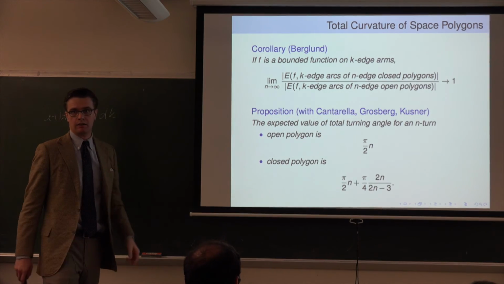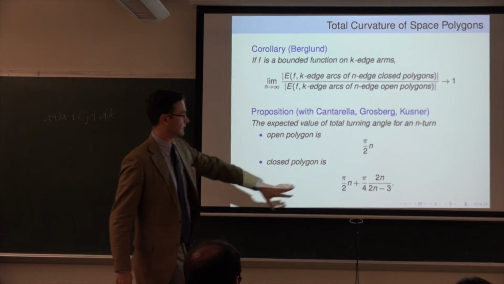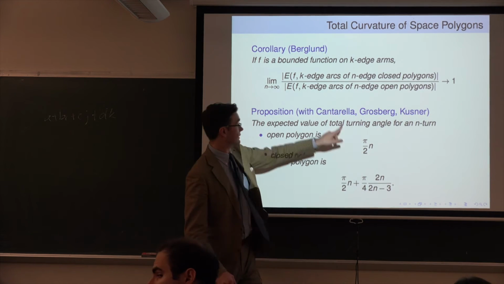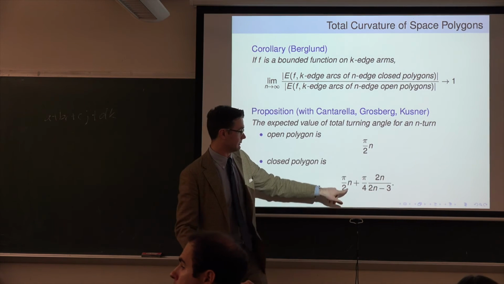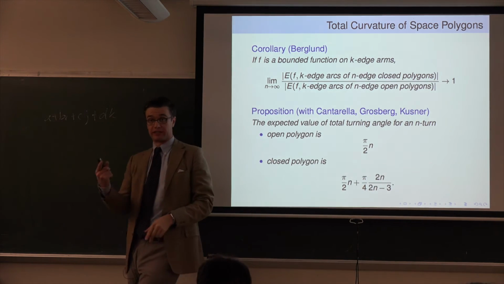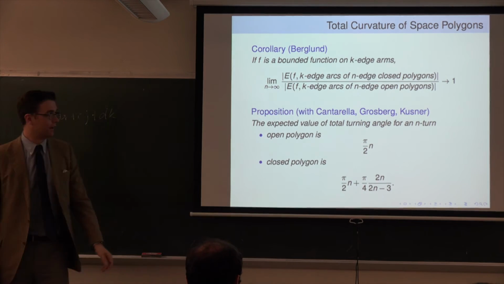Oh, is that n in the numerator? No, this is right. The point is, this is the total turning angle, so you're taking the sum over n angles, and basically the total excess is like pi over 4, but any particular one is like pi over 4 times 1 over n.